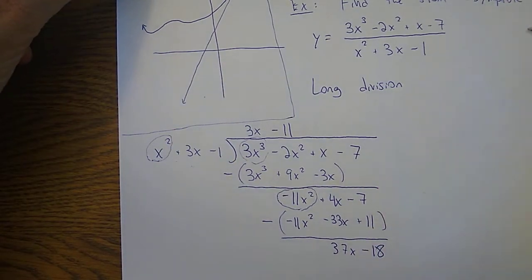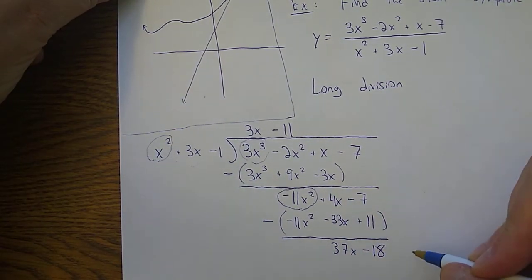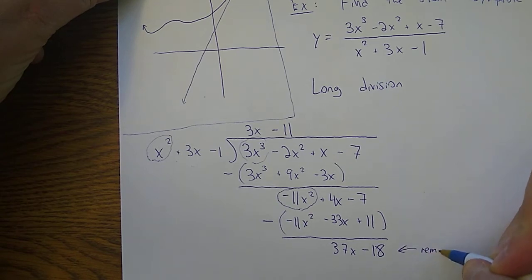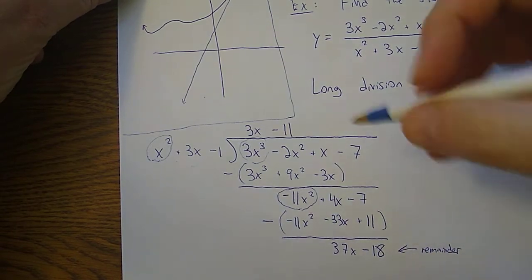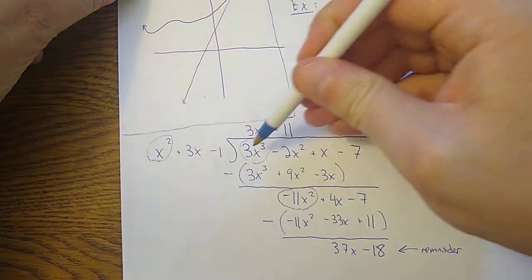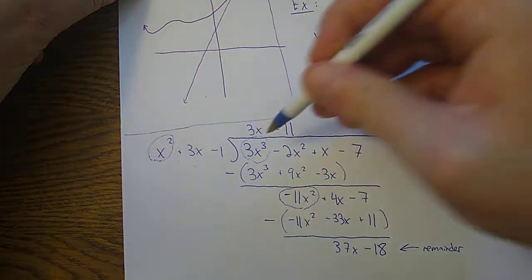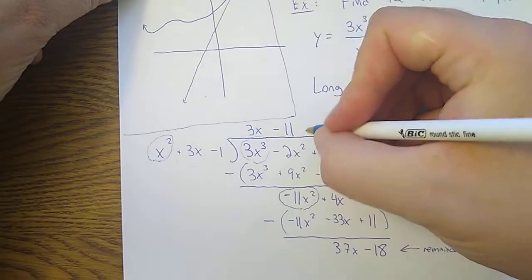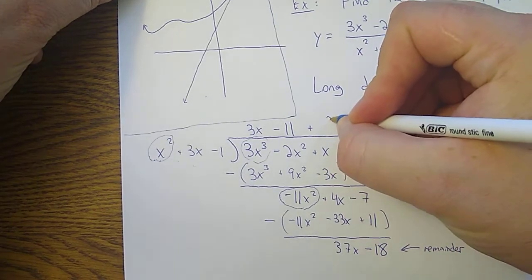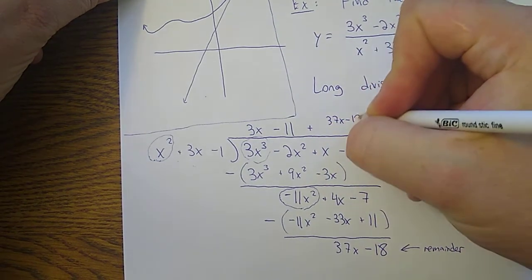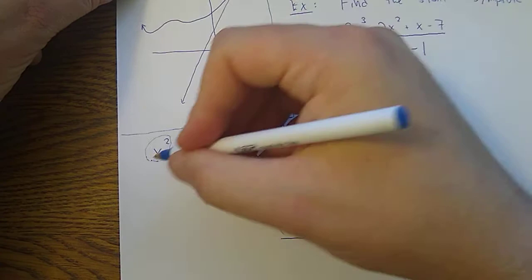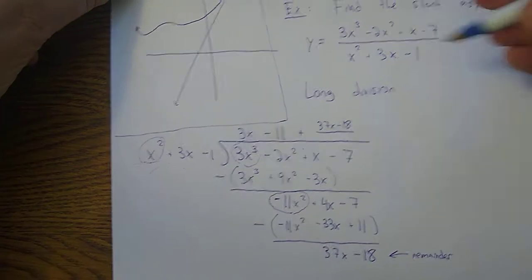So, what is my answer? This is called the remainder. So the result of dividing this by this is what I got up here plus the remainder over the original thing that was on the bottom.